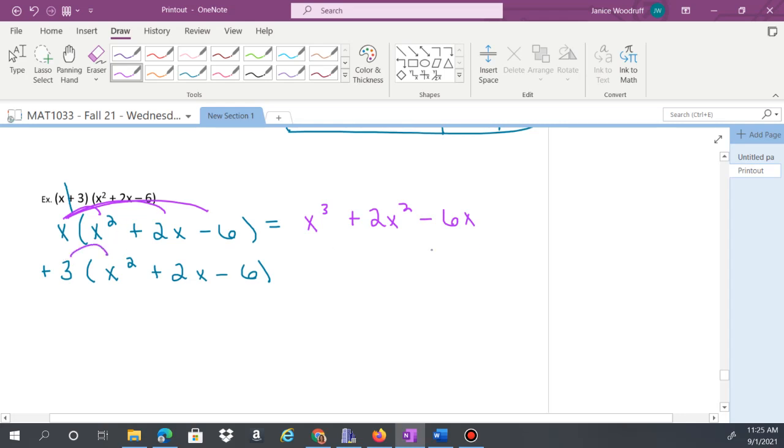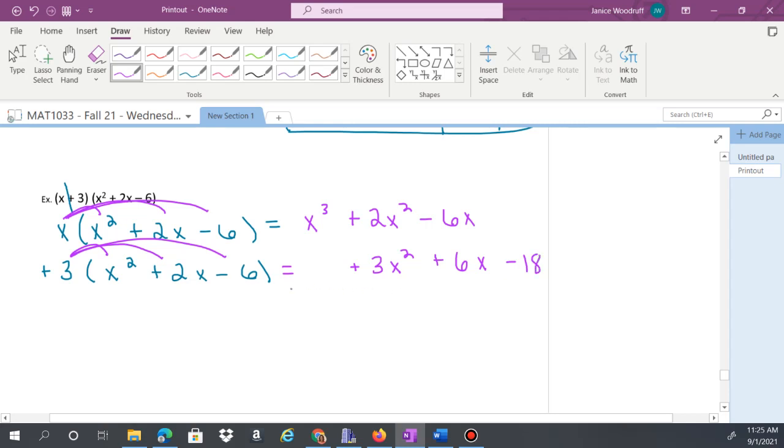So 3 times x squared will give me a 3x squared. I'm going to write that right here underneath my other x squared. Okay, you don't have to do that, but it's just going to help at the end because I'm lining up my like terms. So then 3 times 2x, 3 times 2 will give me a positive 6x. And then 3 times negative 6 will give me negative 18.